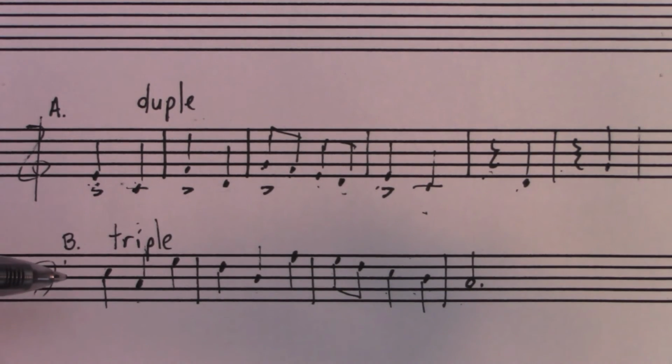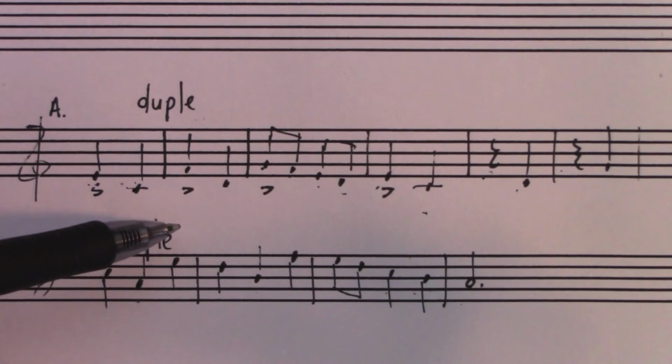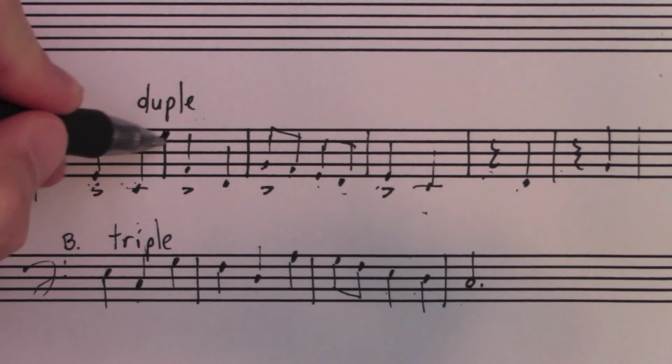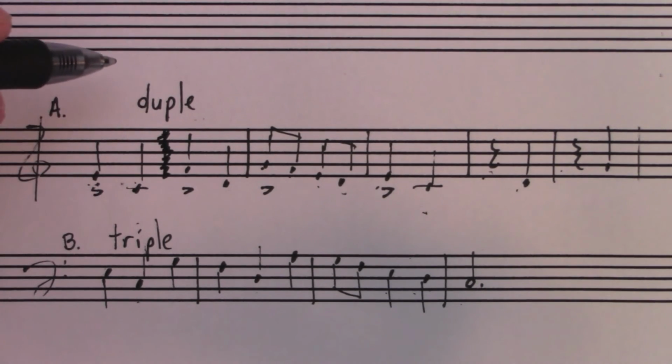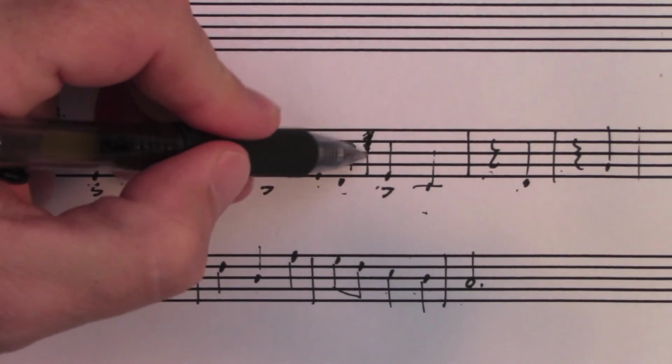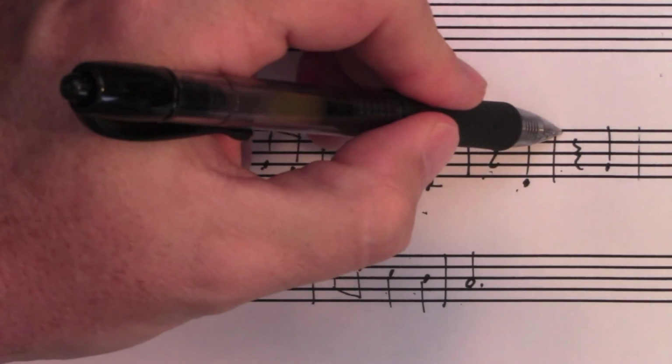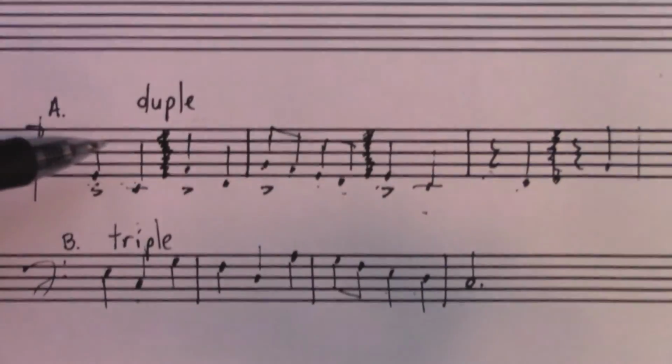Now, there's one more that I want to mention, and I'm going to do this in a very sloppy way, so forgive me. But what if this wasn't here? And what if this wasn't here? And what if it, well, that's not part of our original.